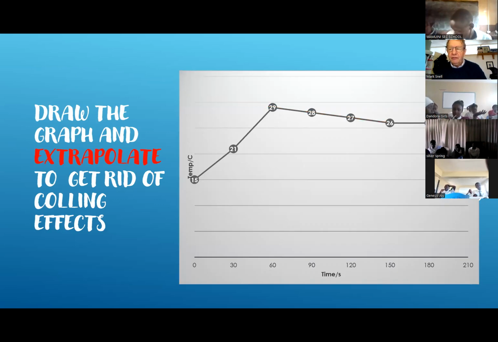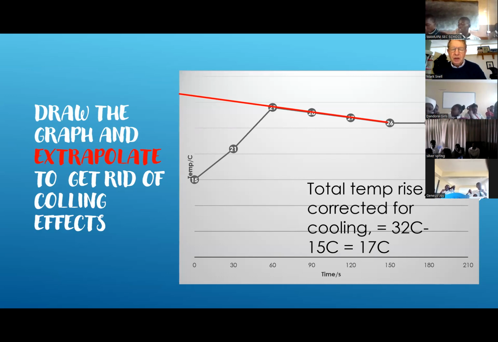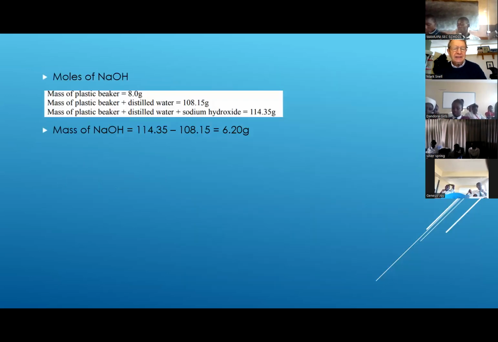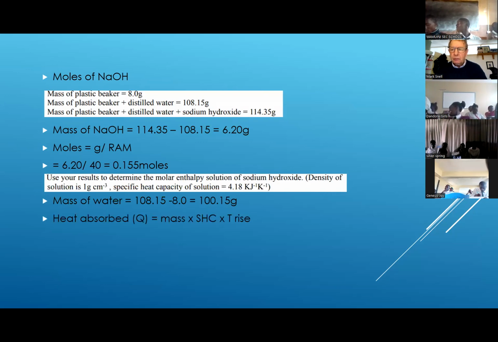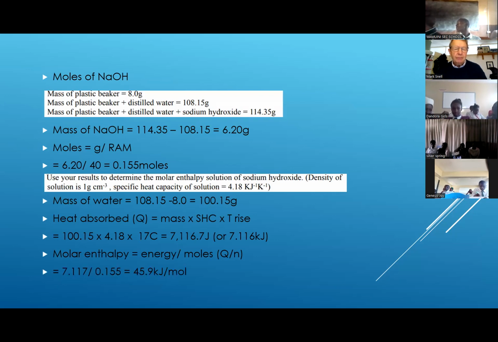So plot the graph, extrapolate, find the delta T, then work out the mass of sodium hydroxide, the moles, the mass of water, and then Q, and then divide Q by n.